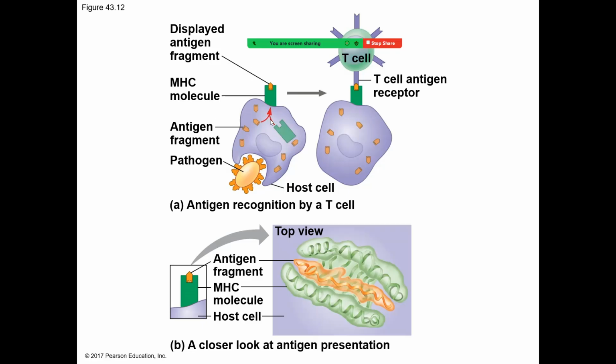So it's this antigen presentation process by these, what we describe as antigen presenting cells, that allow for T cells to be activated. And if, again, looking up closer at how this works, you can see that there's the MHC molecule sandwiched around the antigen fragment. So that T cell is going to be able to bind and recognize that there is an infection inside of this cell.